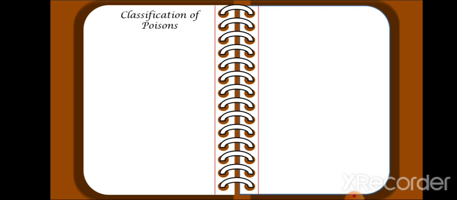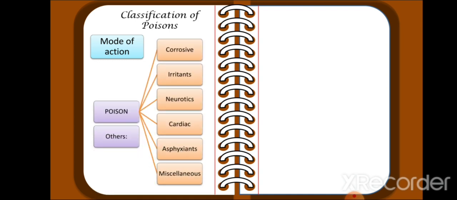Now we move on to the classification of poison. How has the classification of poison been done? On the mode of action, how does a poison work? We have classified poisons into 6 parts.